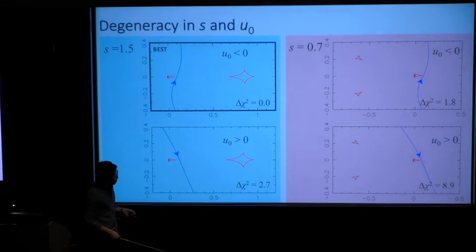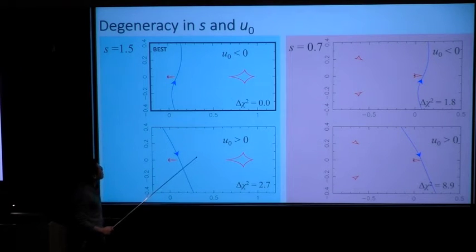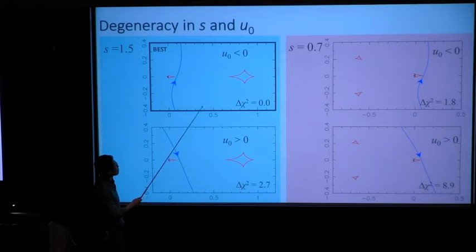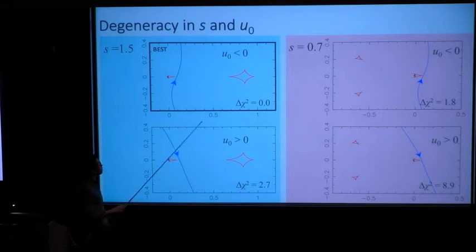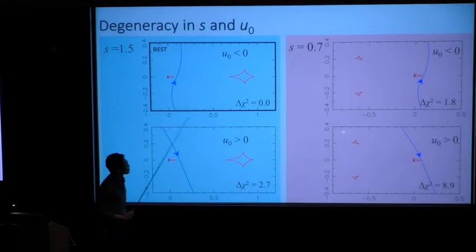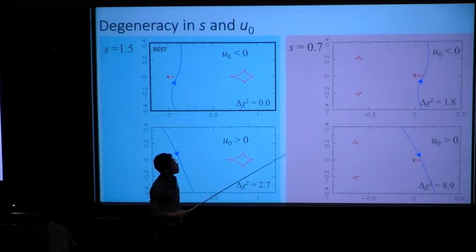So here, this figure indicates the geometry of the caustics and the source trajectory. And we actually have another degeneracy in u0, positive or negative solution. So we have 4 solutions, and blue, the left here, is the wide solution for s, and the right-hand side is a close model.